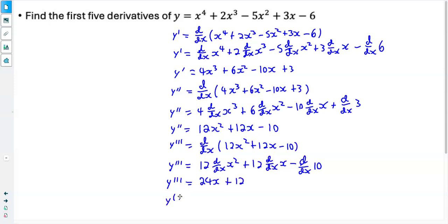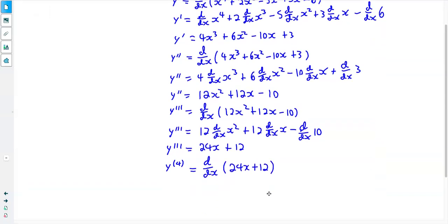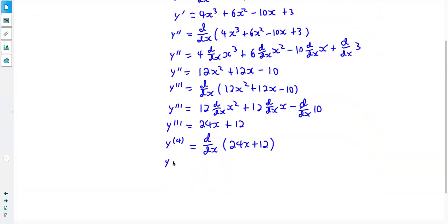Now to do our fourth derivative, we're doing the same thing again. So d/dx of 24x plus 12. So that's 24 d/dx of x plus d/dx of 12.